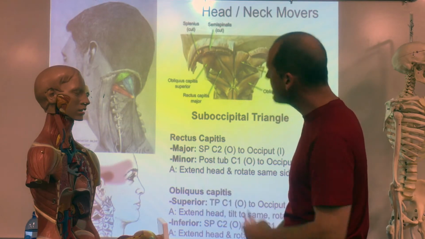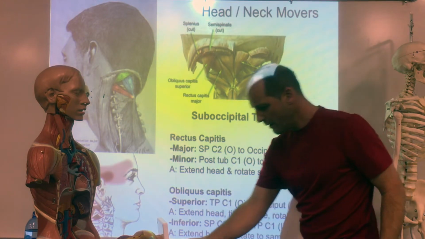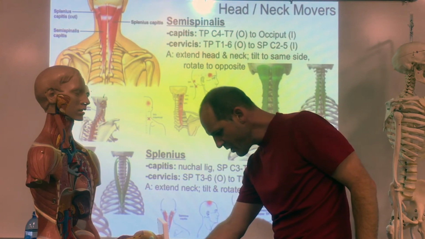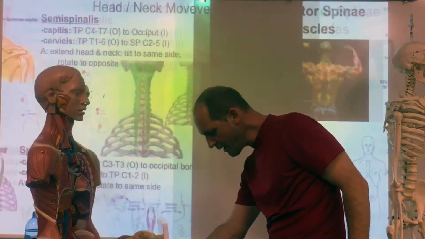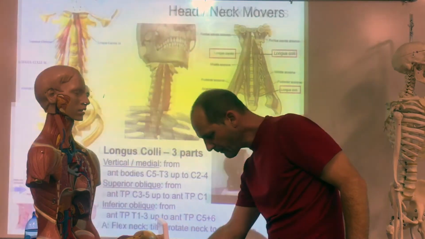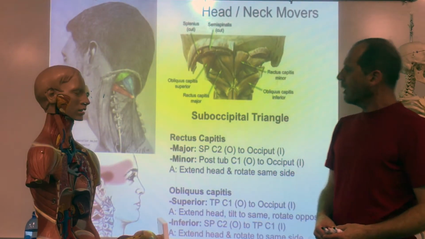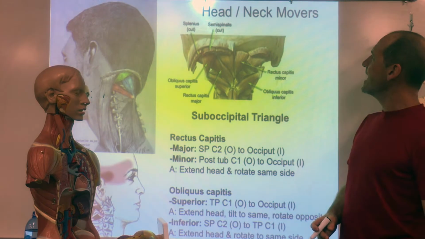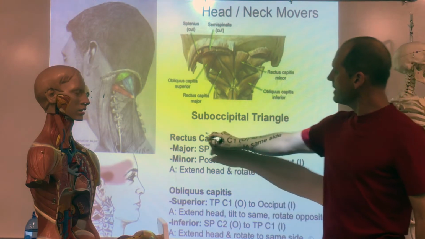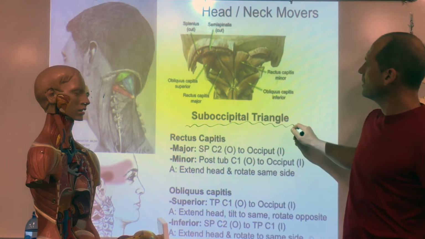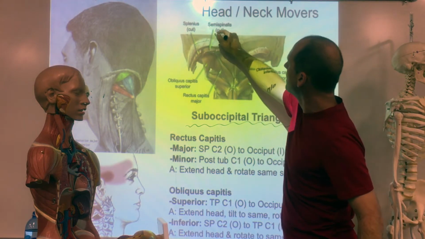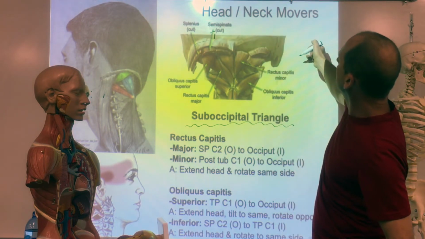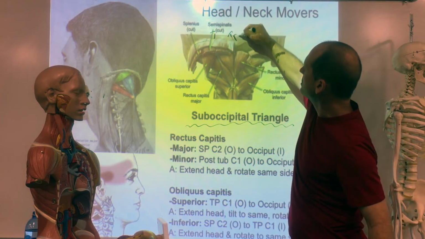Now these are really good muscles. These are important. The suboccipital triangle. Look at that here, suboccipital triangle. So when you take all the muscles away, now this top muscle here, here's the trapezius attachment.